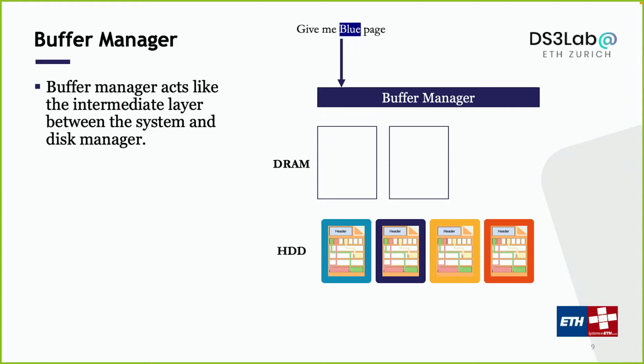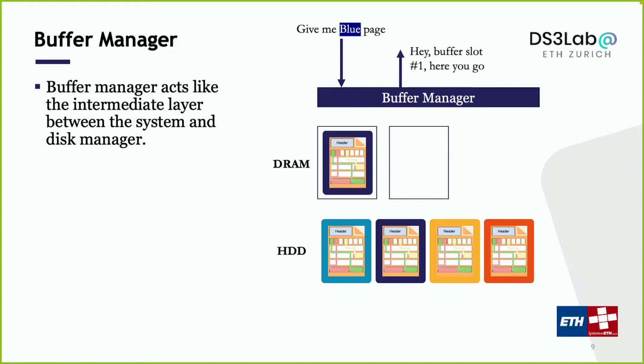If there's no blue page, I will just fetch it from the hard drive, bring that page to my DRAM, and serve it. I will tell whoever is requesting the blue page, okay, in this memory buffer, slot number 1 is your blue page. I will make sure, unless you tell me to evict it, unless you tell me you don't use it anymore, that page is there. Okay?